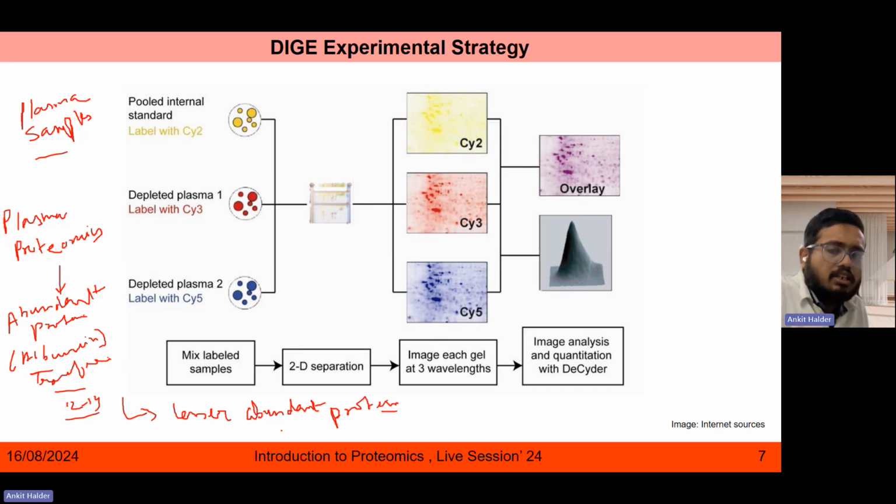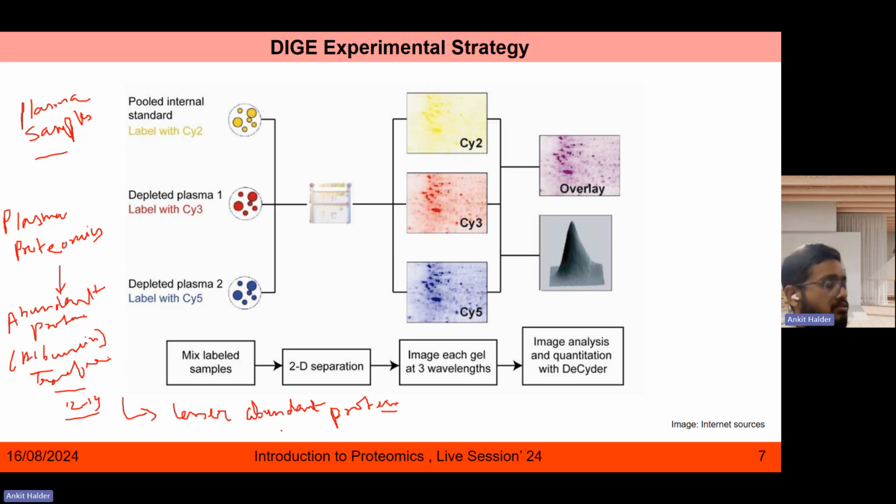What we want is the lesser abundant proteins that can be the actual markers, whereas they get masked because of abundant proteins like albumin and others. We will not get the exact signal, and we want to get our exact signal out of it.